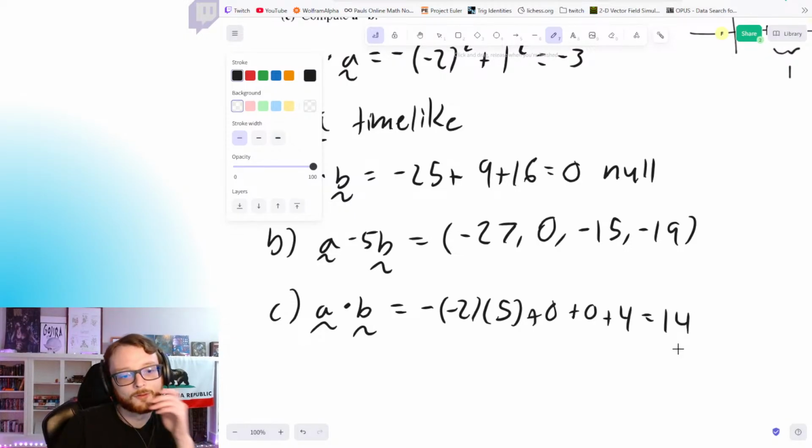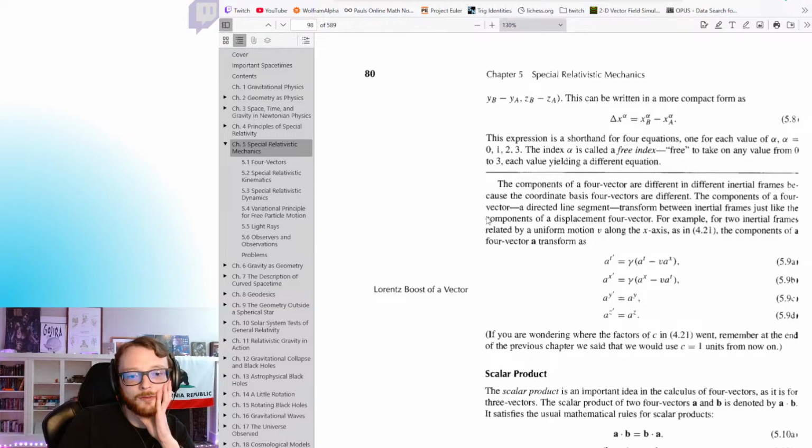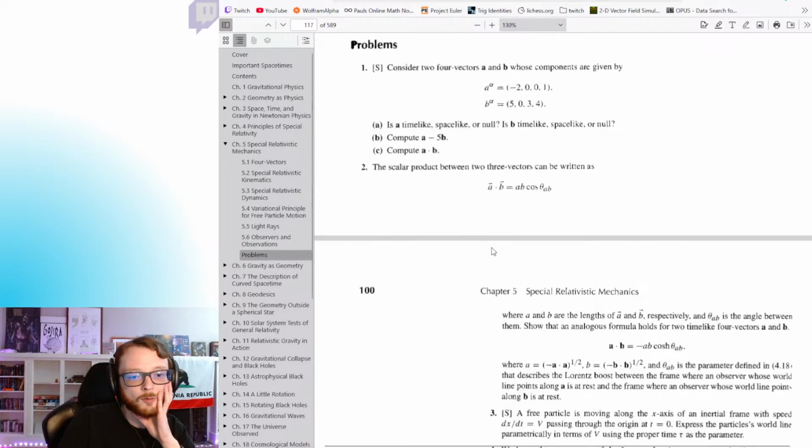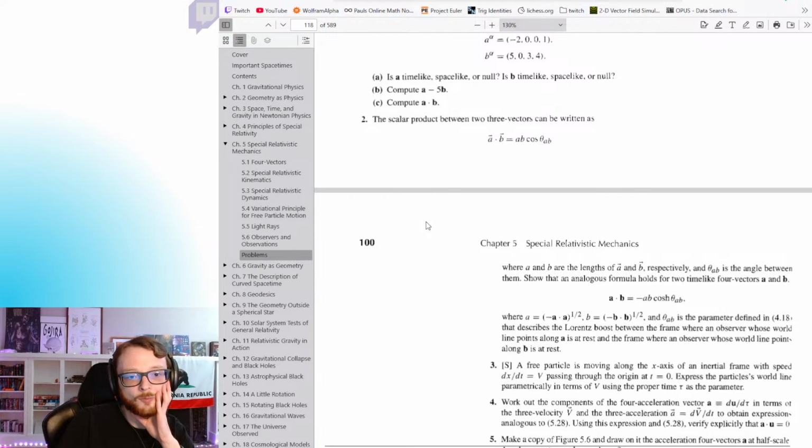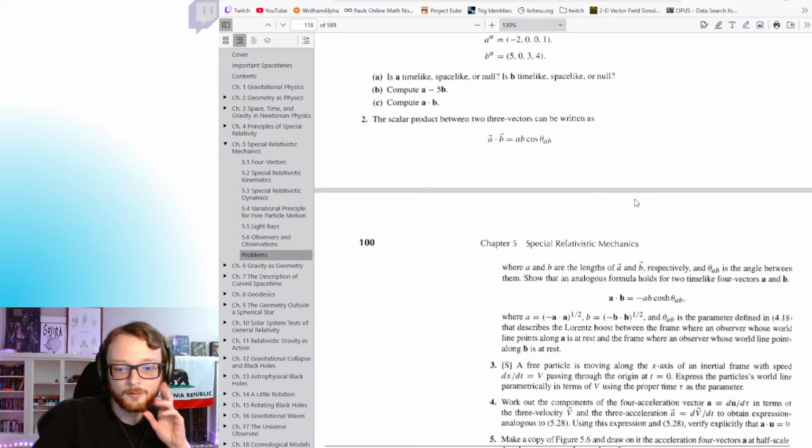Really? I thought they said somewhere it's maybe a problem we have to do. I might have skipped that problem. But number 2 says that there's a similar formula for A dot B equaling magnitude of A, magnitude of B, cosh theta.